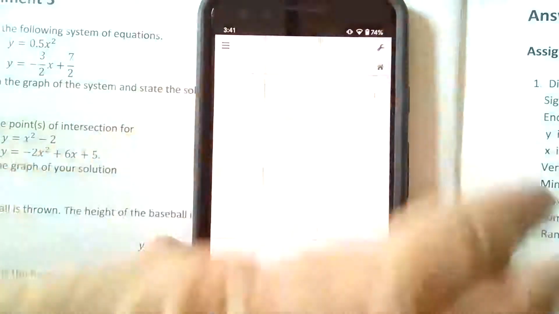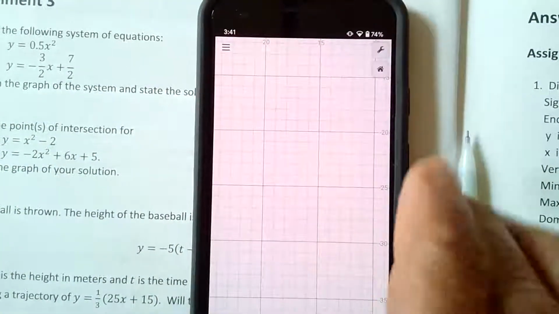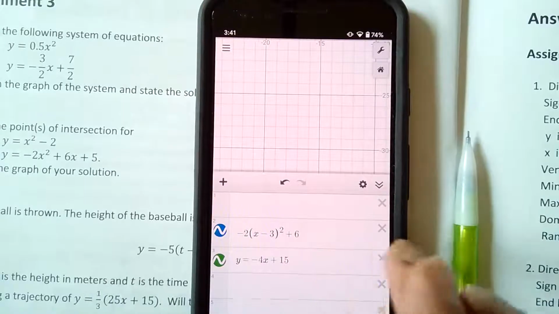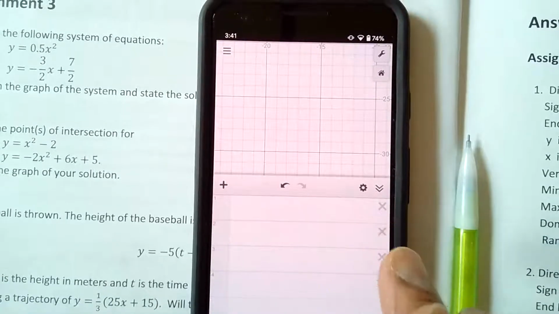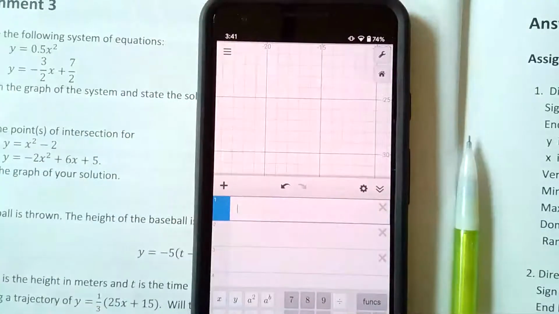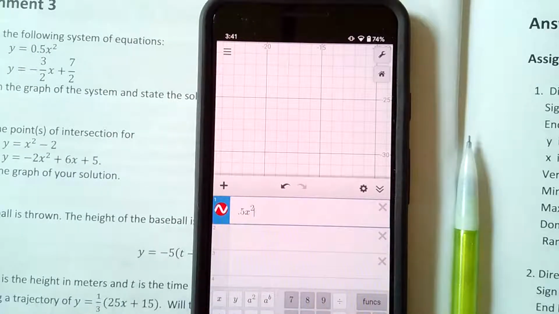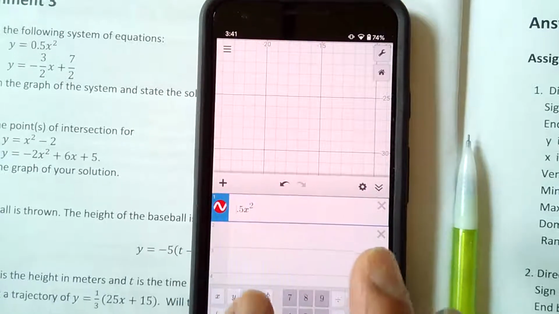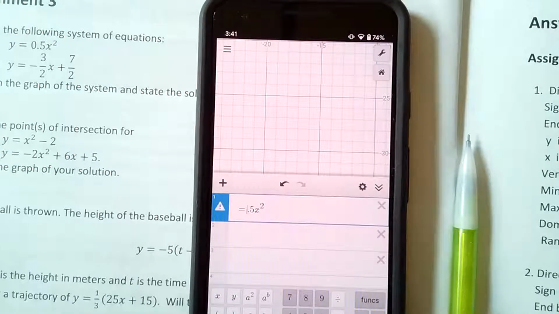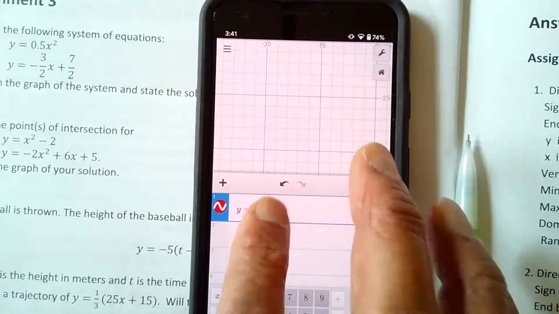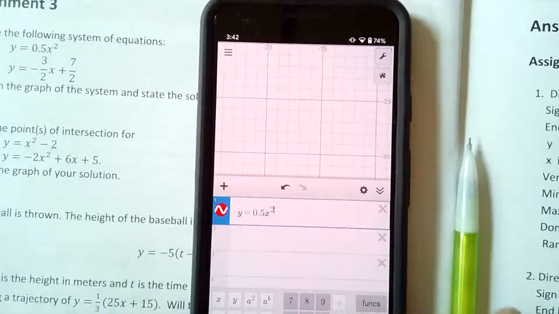I'll do it in Desmos, and then I'll show you in the graphing calculator. So here we have 0.5x squared.